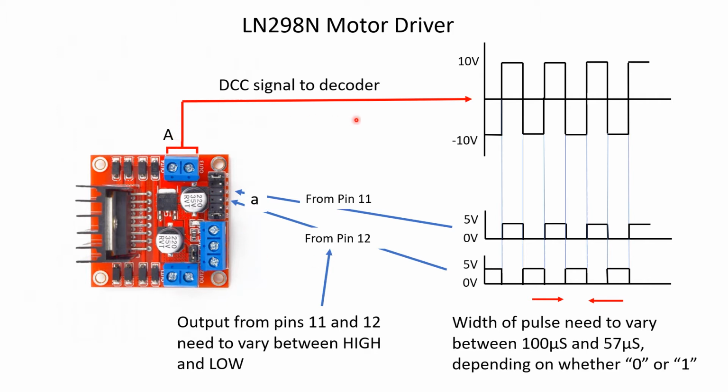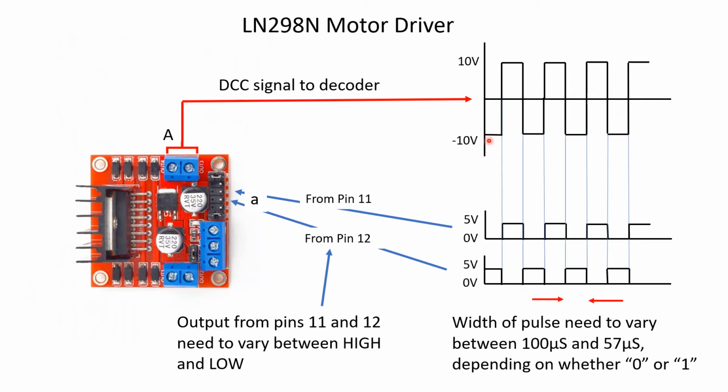If we want to get a DCC digital signal out of the top connector A, we need plus or minus 10 volts, and the width of the signal needs to vary between 100 microseconds or 57 microseconds, depending on whether you want to transmit a digital 0 or a digital 1.